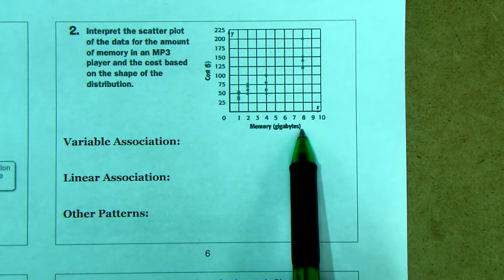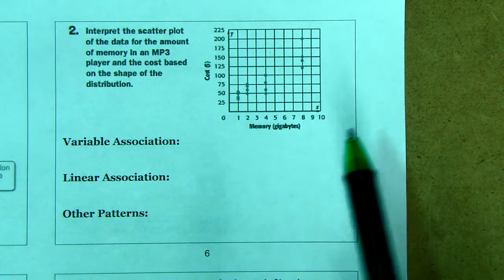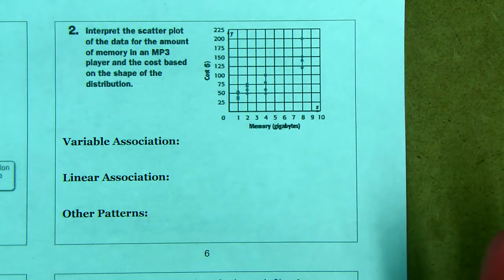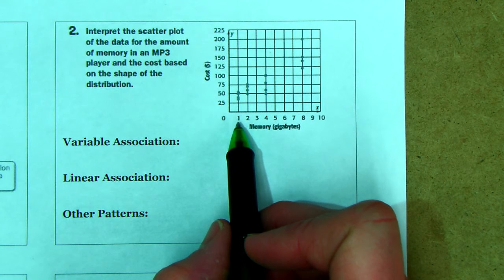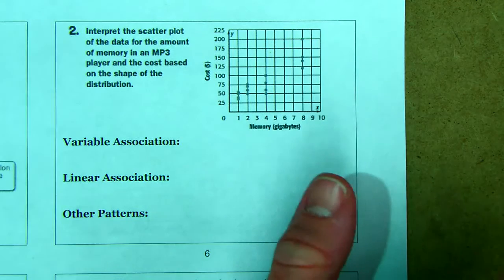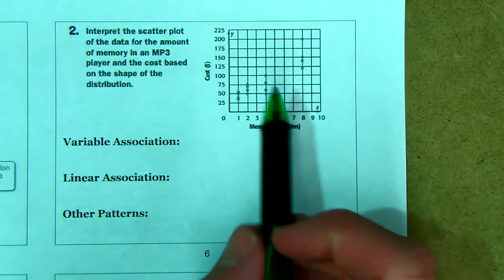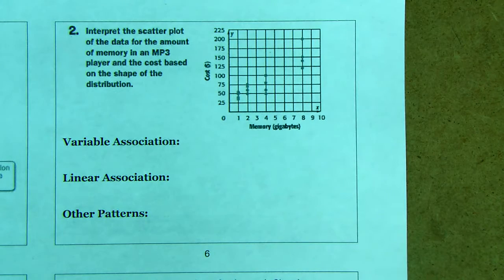The more memory or the more gigabytes you buy in a device, the higher the price is. It's very much that way. Now, this is probably an old example because there's not many devices out there that only have 1 gigabyte. That wouldn't get you very far. But just pretend, just go with the flow, all right? So we got 1 gigabyte, 2 gigabytes, 4 gigabytes, and 8 gigabytes, okay? So variable association. Is there an association? Is it going to be positive, negative, or none?